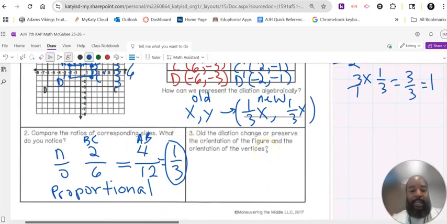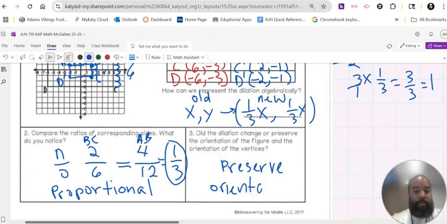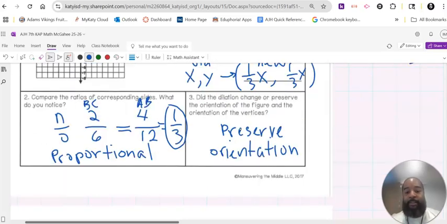And so when we talk about dilations, they don't change orientation, they preserve. Okay, so they preserve orientation. And the only thing that they do is affect the size. Okay, so they do not preserve congruency, but that's a whole other question.